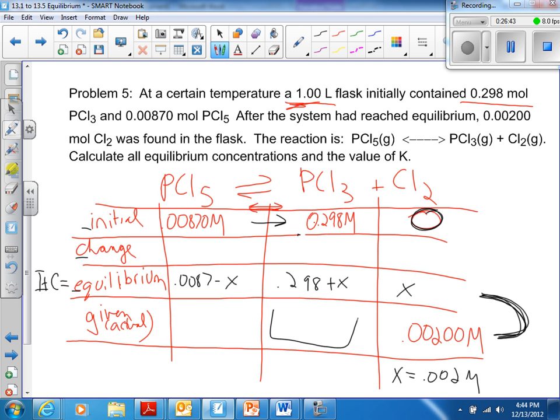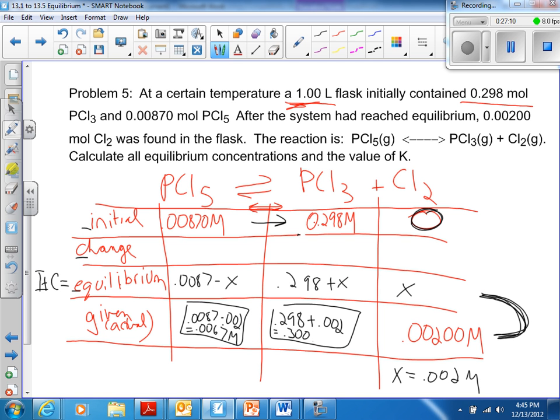So this is 0.0087 minus 0.002, which is 0.0067 molar. This is 0.298 plus 0.002, which is 0.300 molar.